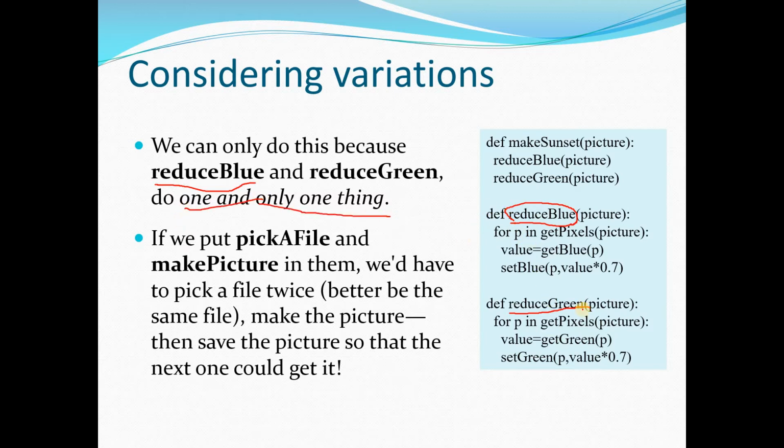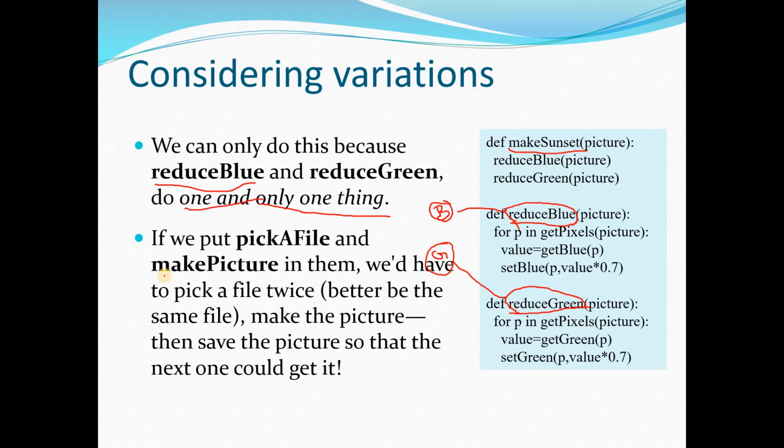So when you have a big problem to solve, if you can divide it into small problems, then you can make them separate functions. Let's say your big problem was how to make a sunset. You divide that big problem into small problems. One is to reduce blue color and the other is to reduce green color. And then you implement two functions for these two problems.